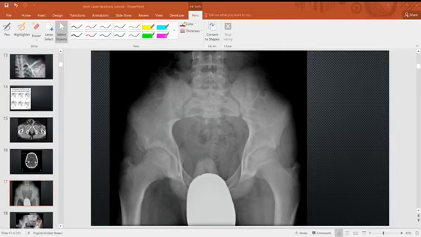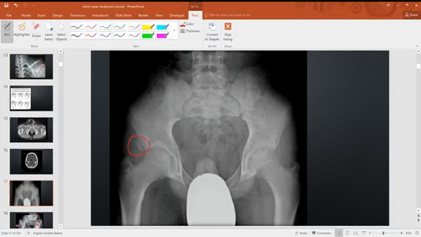So this patient has, as you see here, an avulsion fracture from the anterior inferior iliac spine, and this is the origin of the rectus femoris muscle.